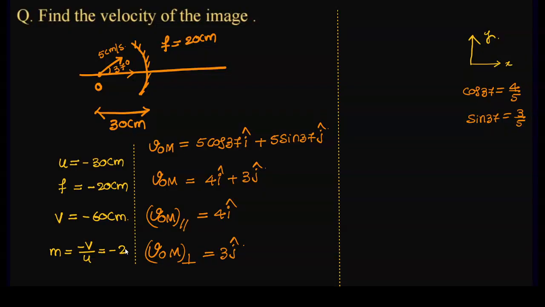So you can tell me now, velocity of image with respect to mirror in parallel is equal to minus of V by U whole square into velocity of object with respect to mirror in parallel.